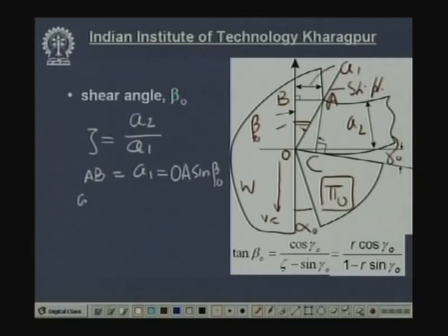A2 is AC. And what is AC? AC can be written as OA. What is this angle? This angle will be, if you check, beta O minus gamma O. Then AC will be OA, this is right angle, OA cosine (beta O minus gamma O).